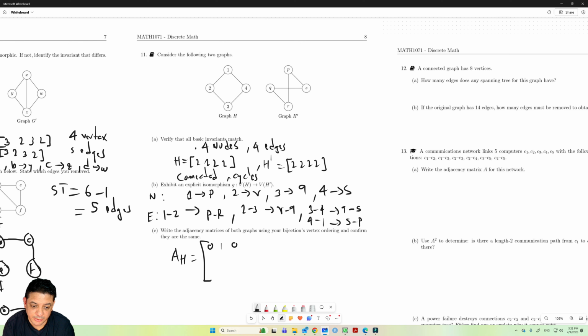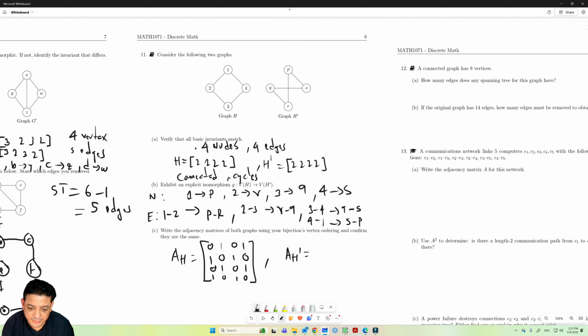So 0, 1, 0, 1. Now 2 is connected to 1 and to 3. So 1, 0, 1, 0. 3 is connected to 2 and 4. So 0, 1, 0, 1. And 4 is connected to 1 and 3. So we have this matrix over here.